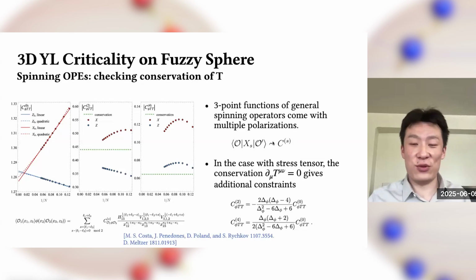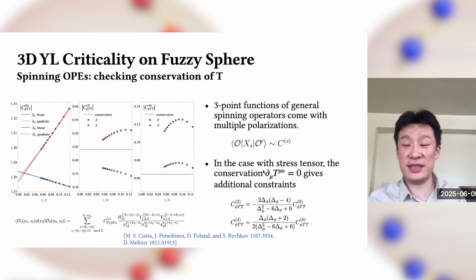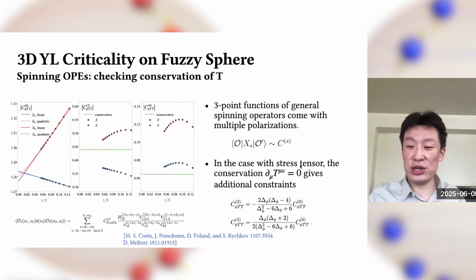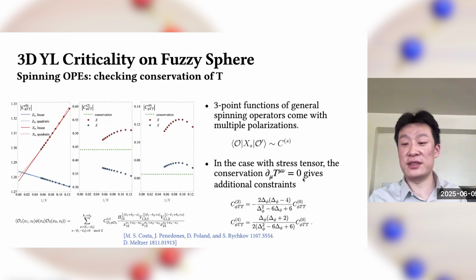Once we work them out, we can just do the calculation and make some plots for the phi T T 3-point function for different polarizations. And here we have some nice structure from the nice input from the CFT side. The stress tensor is a conserved current, so the conservation condition gives us additional constraints between the three OPE coefficients.